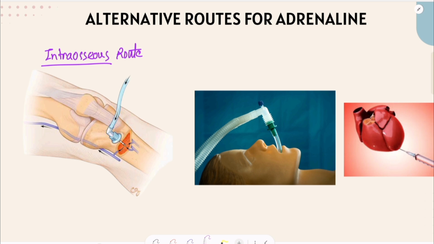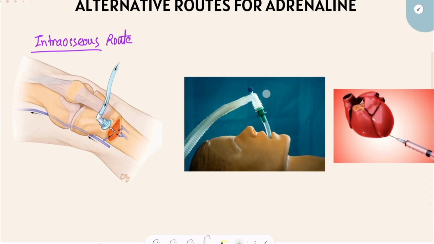Think of another situation, we do not have this special needle and we cannot give intraosseous adrenaline. So what can we do? We can intubate the patient and give the drug through this tube. So this route is called endotracheal route.